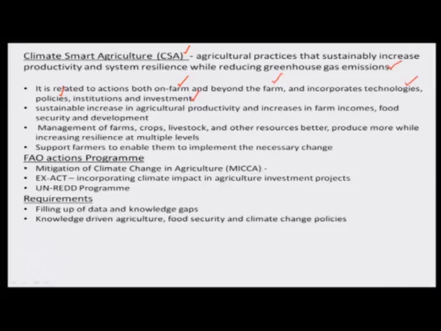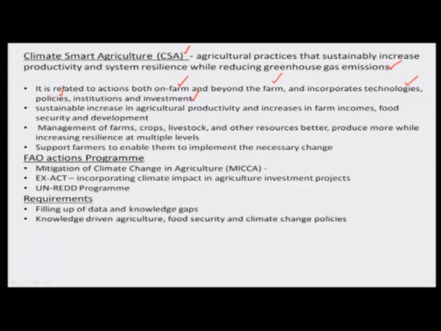How the farms will be affected by nature, how the farm producers will be able to sell in the market, and what institutional and investment methods are available for growing these crops.